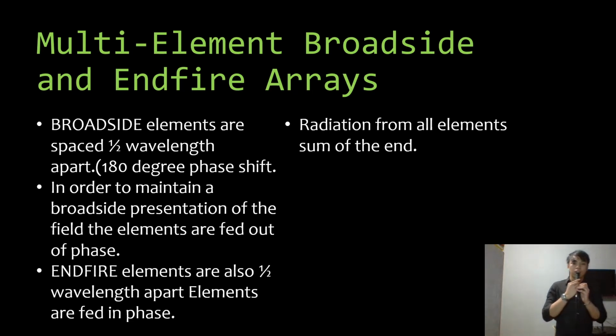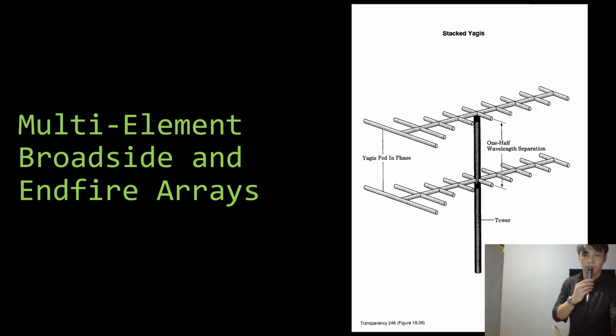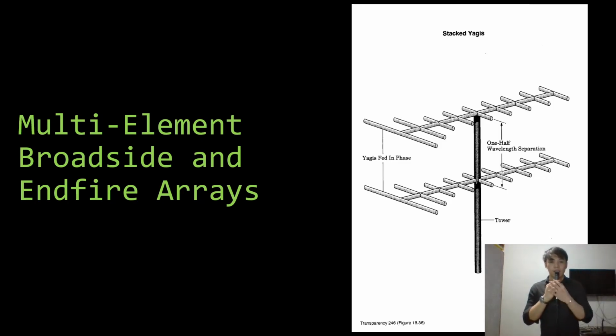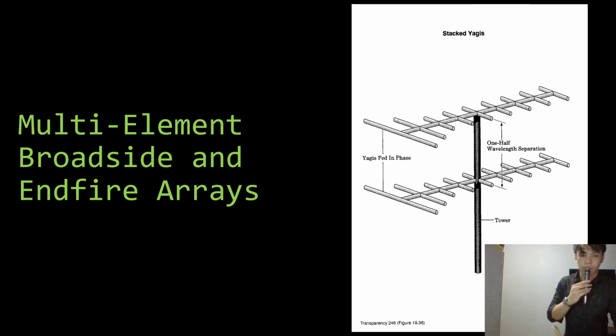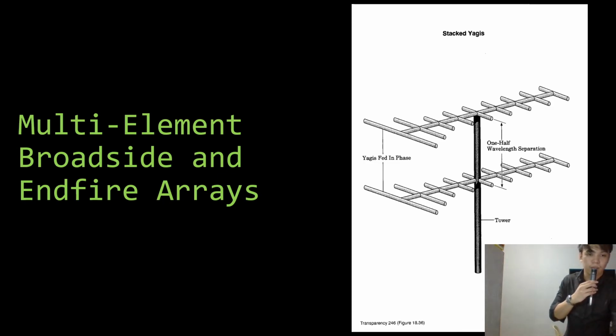So the radiation from all elements sums off to the end. So this is the broadside array, and the other one is the collinear broadside comparison. And this is one example of stacked yagis, two yagis stacked together with the antenna.